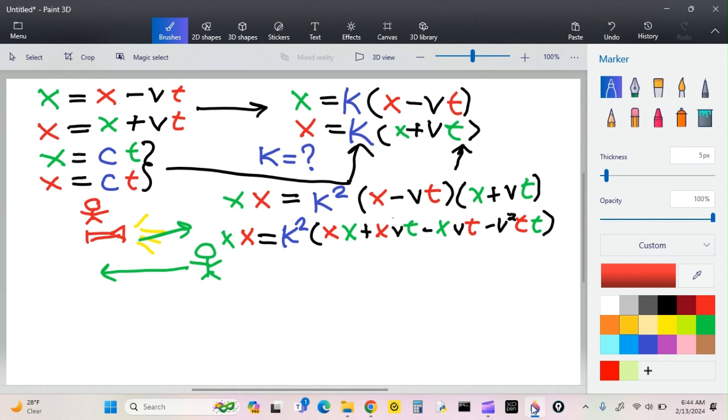If you buy that, here's the speed of light times the green t. And then that's multiplied times the speed of light times the red t.